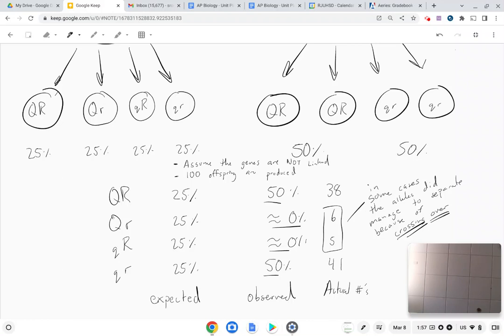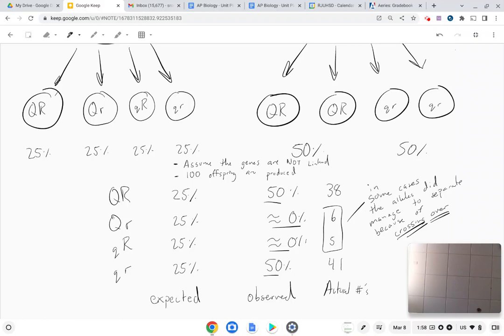Okay, so the real question then here is, if this is what we expect, 25, 25, 25, 25, are these numbers different enough from these numbers to count as being linked? So let me just ask you, you don't know anything about chi-squared, just give me your gut feeling.